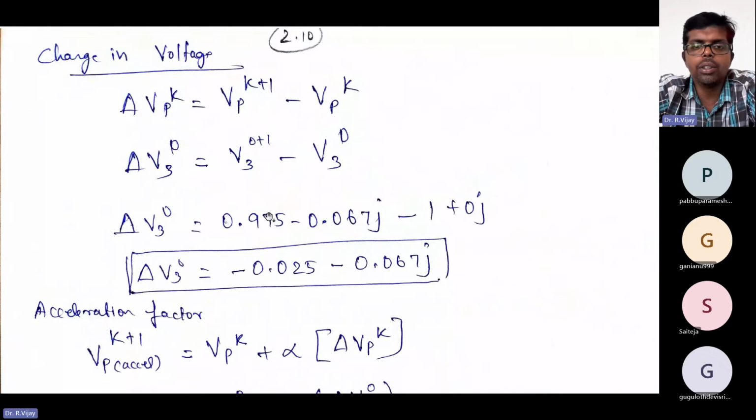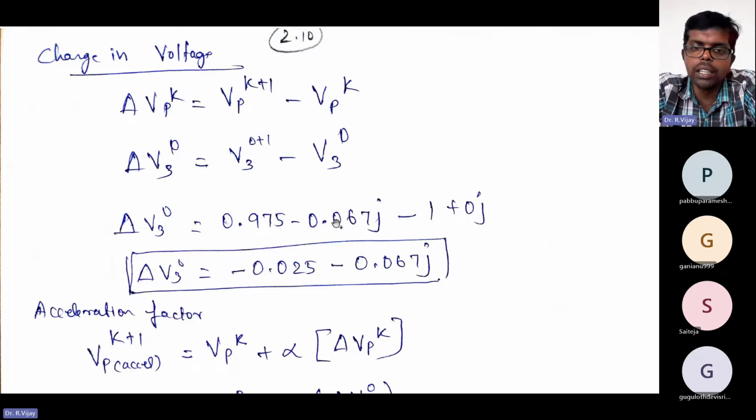While calculating, you will get the answer as 0.975 minus 0.067 J. Those who are watching, also make a comment whether you got the same answer or not.